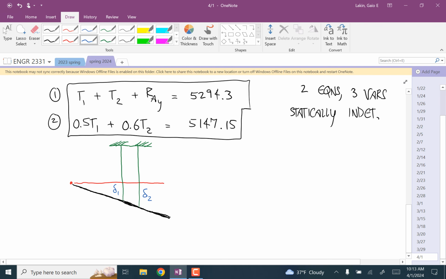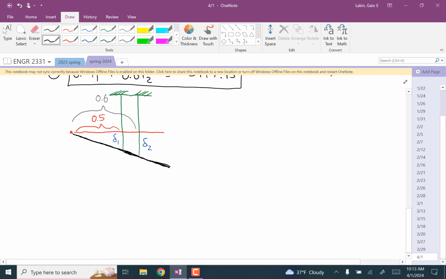And we know that this length is 0.5, and this length is 0.6. Notice that those are similar triangles. So we know that delta 1 over 0.5 is equal to delta 2 over 0.6.